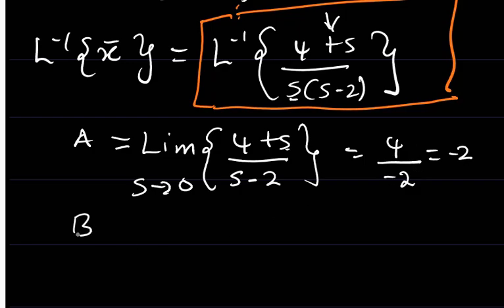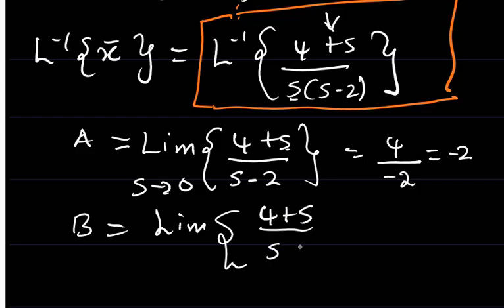Then for my b, that's going to be the limit of 4 plus s all over s as s approaches 2. If I do that, I'm going to have 6, of course 4 plus 2, 6 all over 2, which is 3.